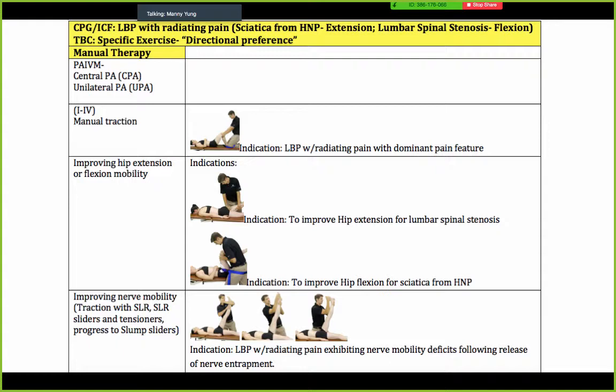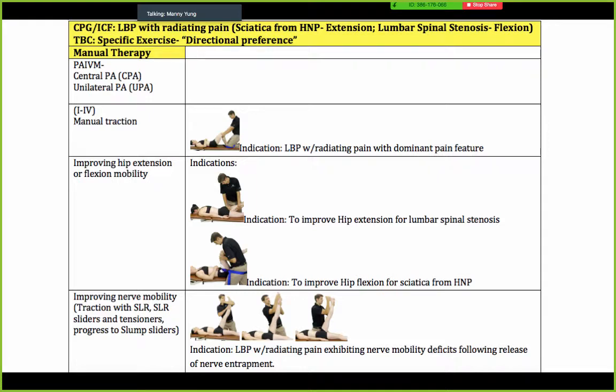So improving hip extension for these patients might be helpful to reduce some of their problems. So here's an example of how I scaffold what they learned from semester one and move them into semester four for advanced orthopedics, and sort of invite them to use what they learned and then transfer that learning into the spine.